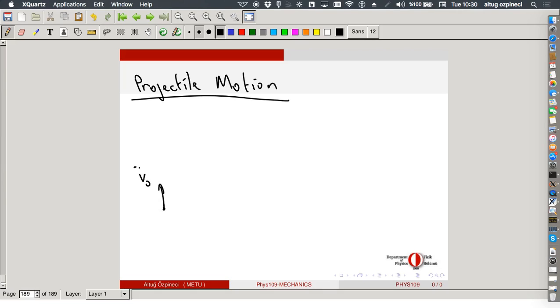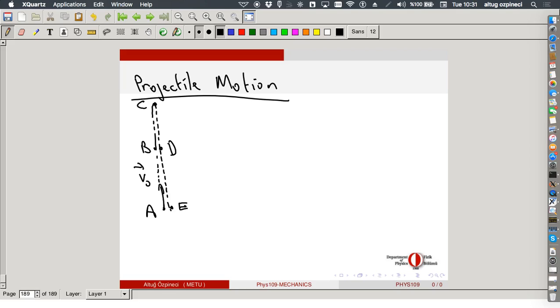We give it some initial velocity in the upward direction. It goes up, and then it will just fall down. Let's say this is the point A, this is the point B, this is the point C, this is the point D, this is the point E.